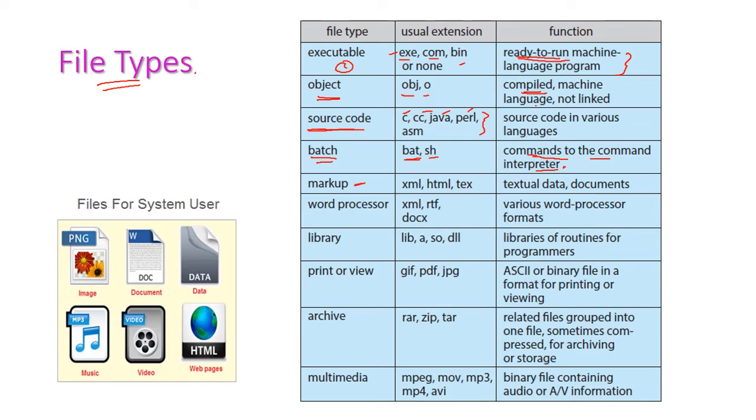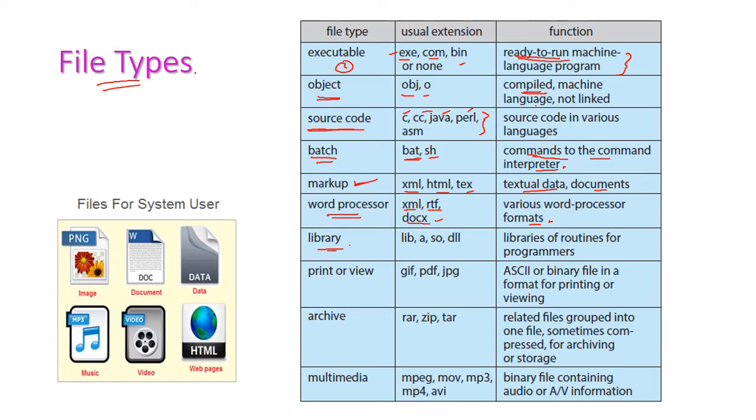Markup file means textual data or documents, normally HTML or scripting languages: XML, HTML, text. These are some examples of markup files. And word processor: various word processor formats come under word processor files. XML, rich text file, DOC, DOCX are word processor files.